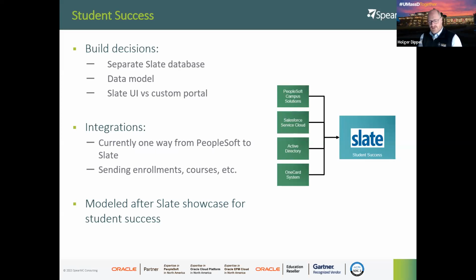Initially, we got all the external orgs that existed in PeopleSoft together with the PeopleSoft external org ID, and we synced them up with Slate using the SEEP code, which is the org key in Slate. Then we disabled all the ones that didn't have a match in Slate, and we went through that and did some reconciliation using Slate's internal reconciliation processes, and then we had a pretty good set.